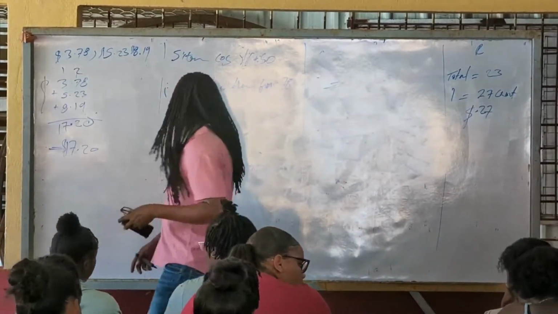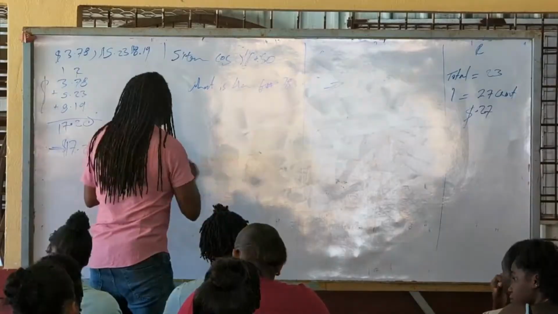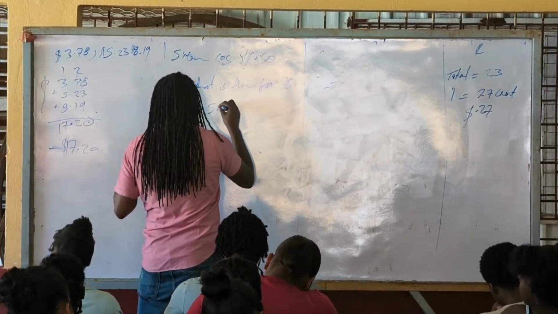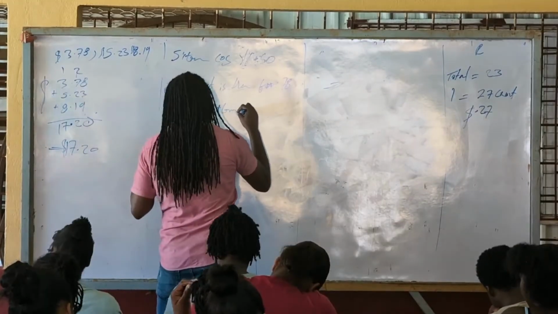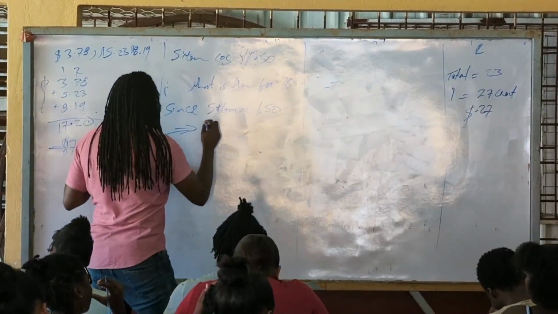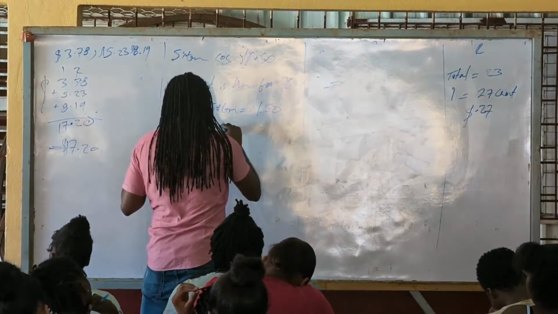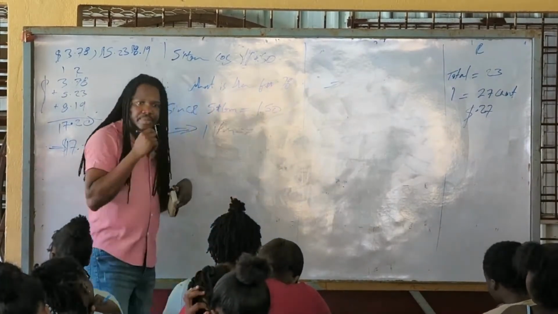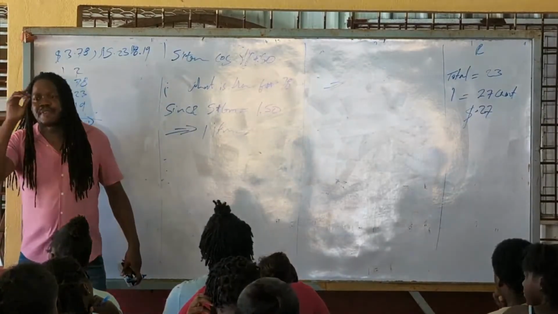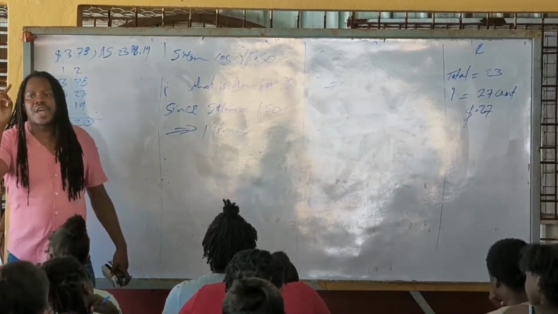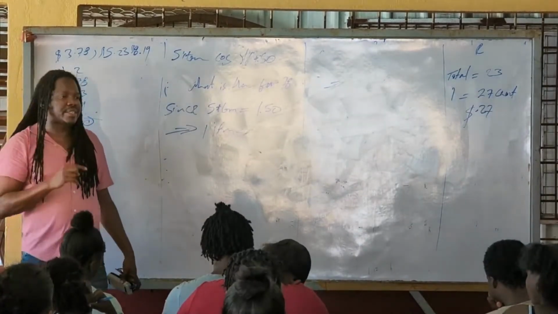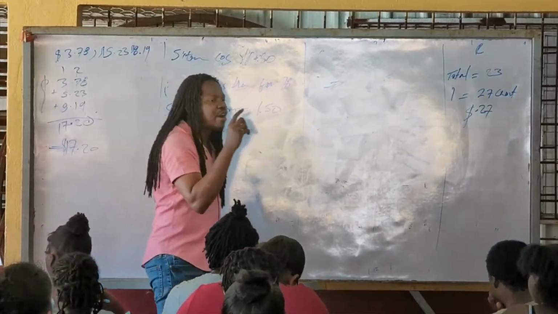So the first thing you're going to do is to say right here, since 5 items equal $1.50, it implies that 1 item equals. All right, ready now. If 5 items equal $1.50, do you think 1 item is going to equal more or less? What are the functions of less?